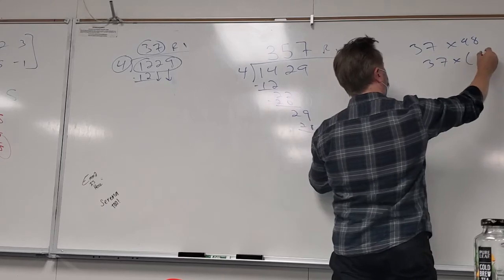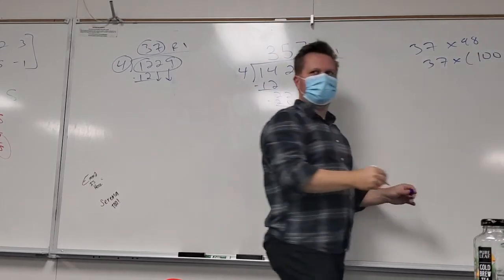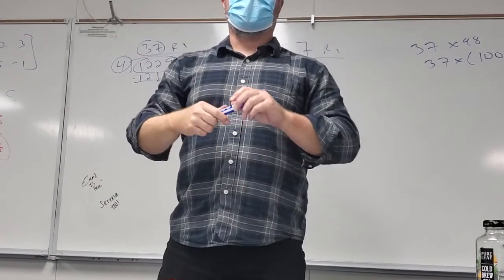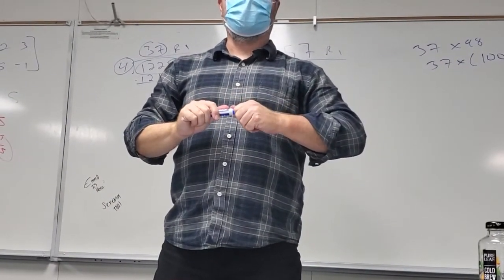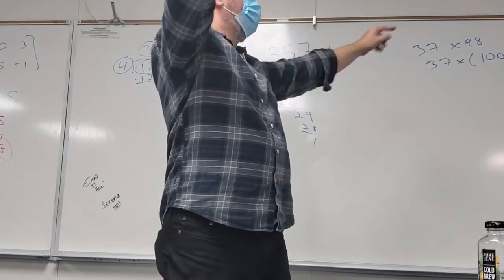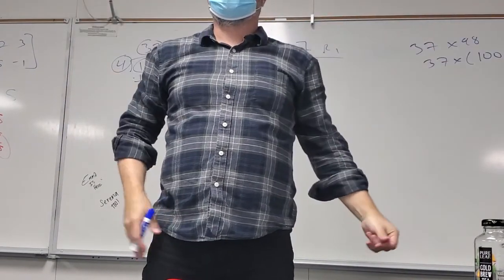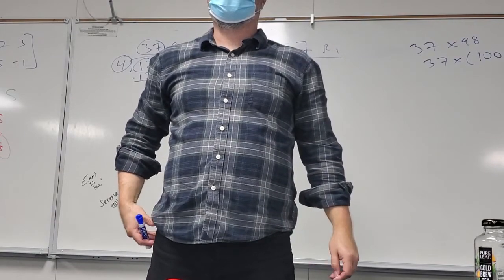So you can do this kind of thing, and then distribute. That makes it easier. So 98 37s is 100 37s, take away 2 37s, which is really the idea.